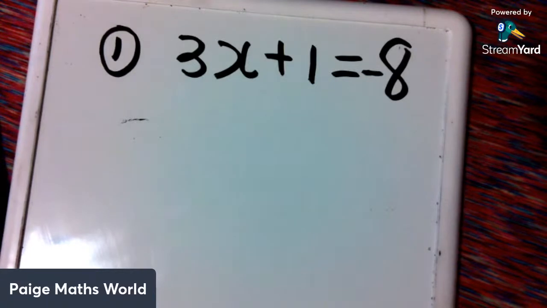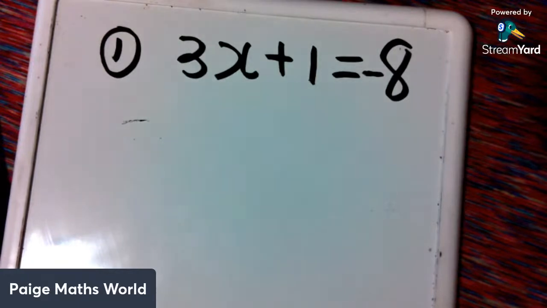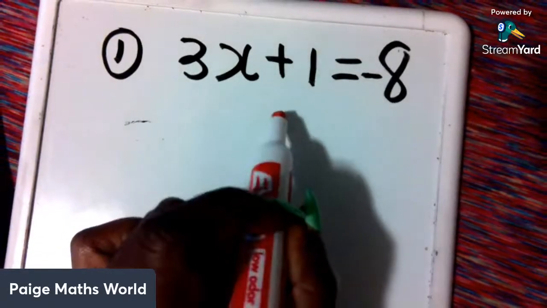So the first step that we're going to take is this. I'm trying to get this up and running, sorry. So the first step we're going to take here, we are going to be subtracting 1 on both sides.